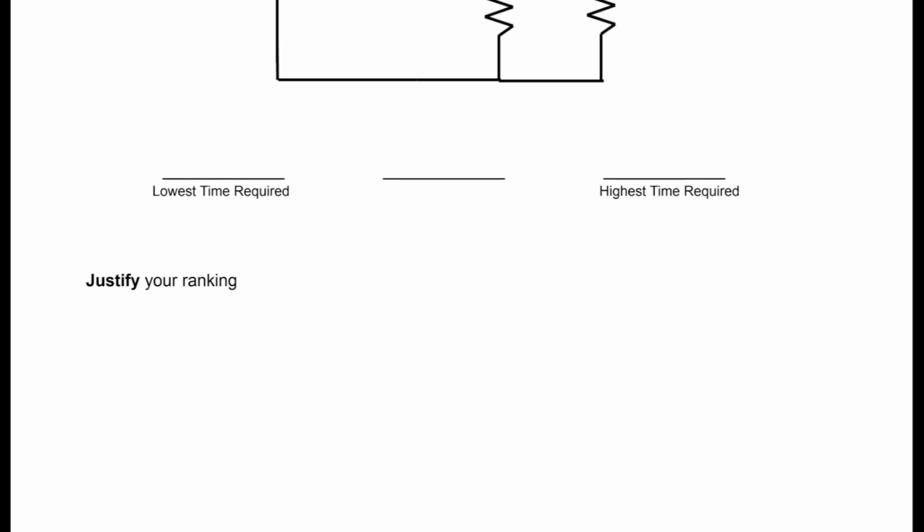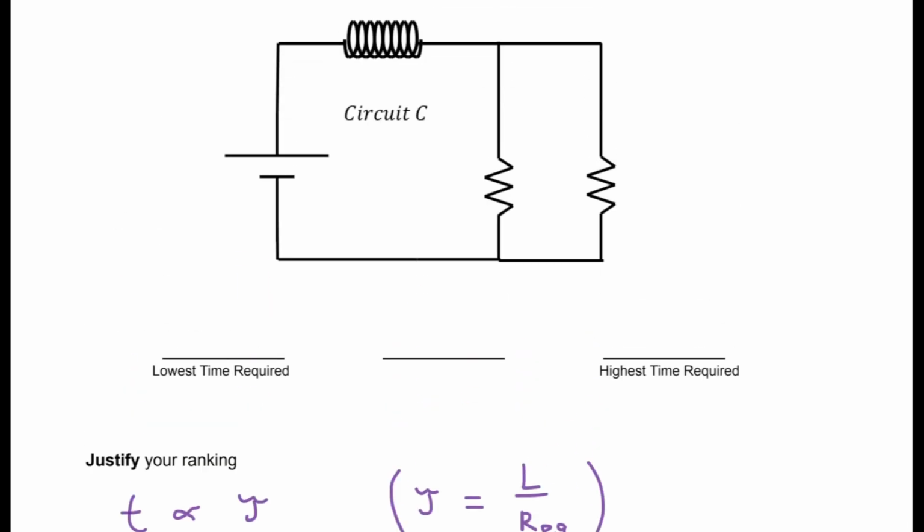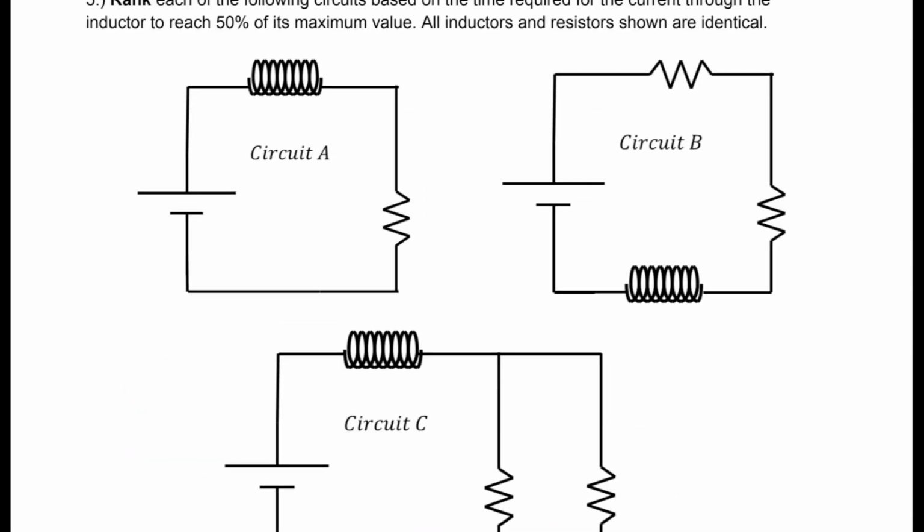So we can start by writing that the time that we're interested in is going to be proportional to the time constant, and that time constant is equal to L over R for one of these circuits. And it's important we use the total R for this, the equivalent resistance. So we'll just go through and give a representative time constant to each of these.